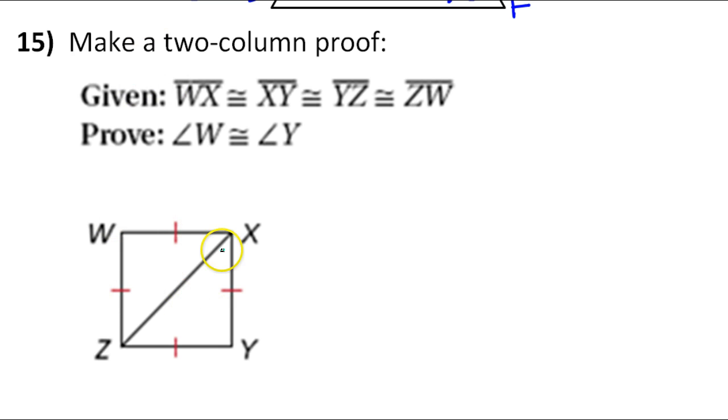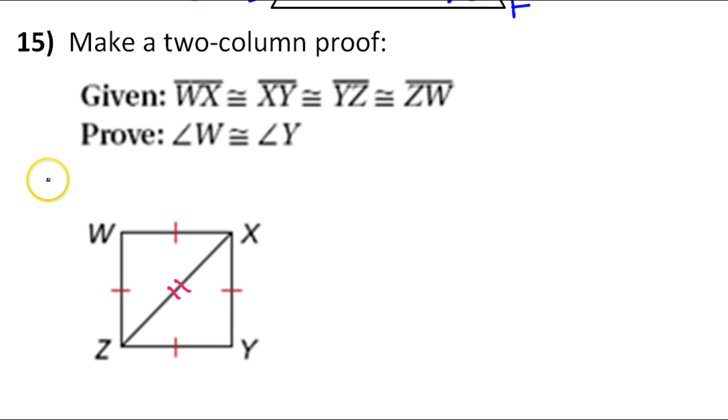Well, looking at the markings that we already have, plus the shared side, ZX is going to be congruent to ZX by the reflexive property, then the triangles are congruent by the side-side-side postulate. So that's what we're going to do first, state that the triangles are congruent by the side-side-side postulate, and then W and Y will be congruent because corresponding parts of congruent triangles are congruent.